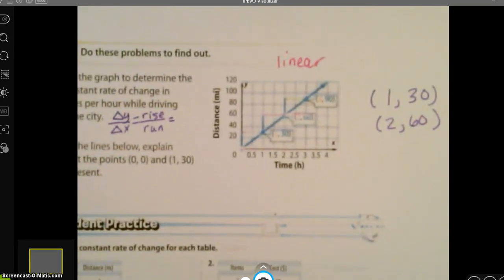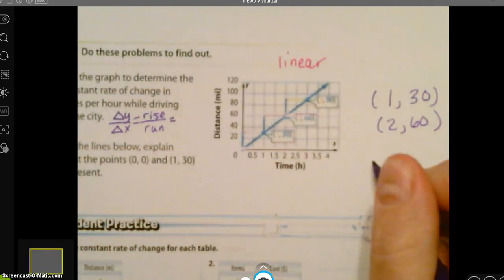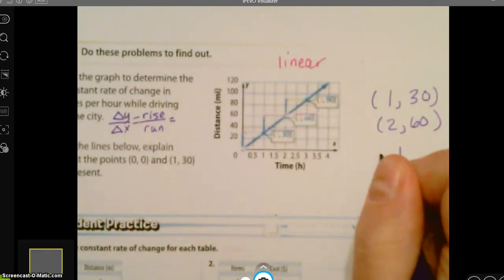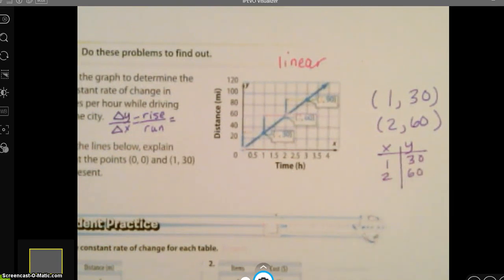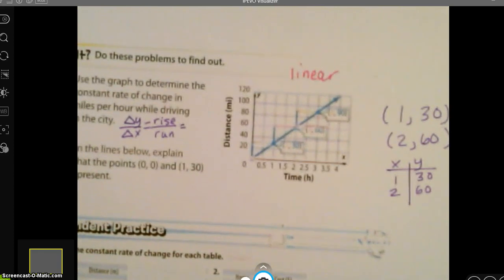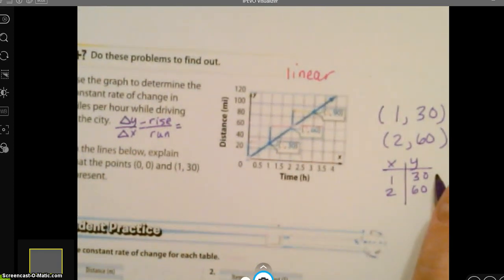Over here, I put the points. If these were in a vertical table, which some of you have seen, 130, 260. One thing I can tell is this will have a constant rate of change, again, because it's linear. So how much is it from 30 to 60?